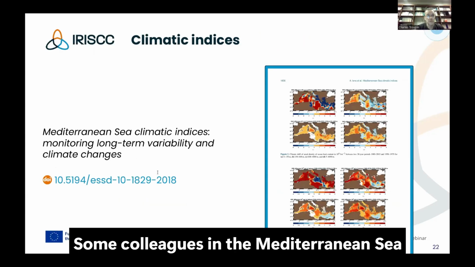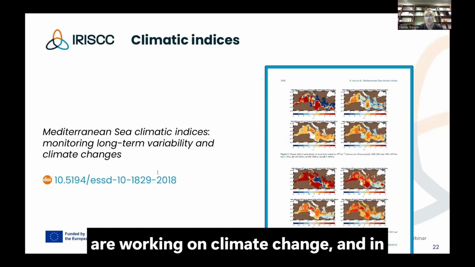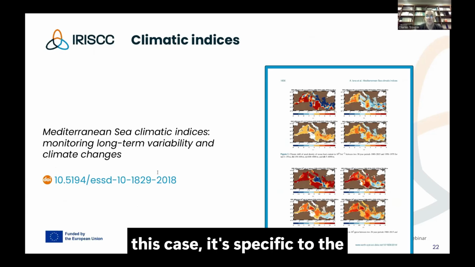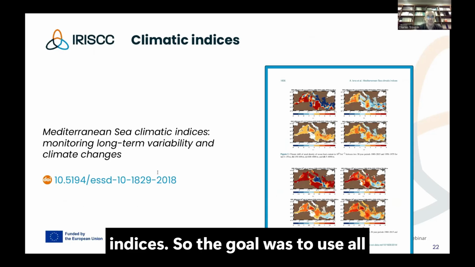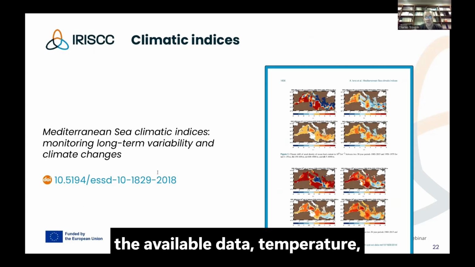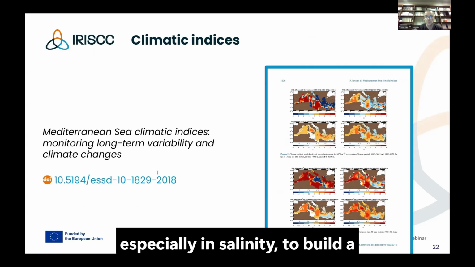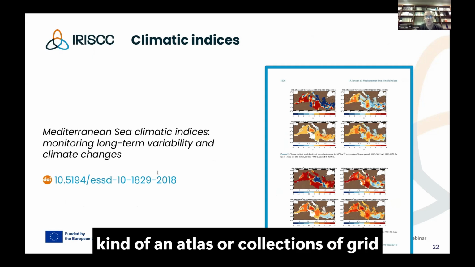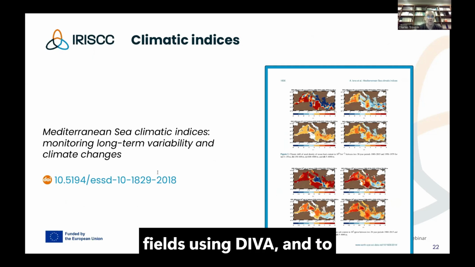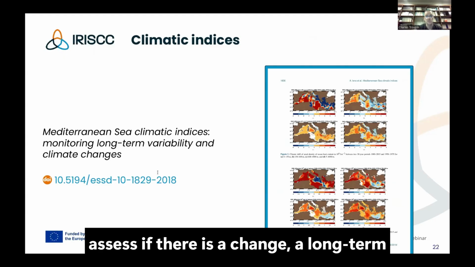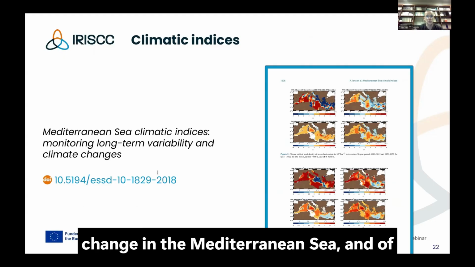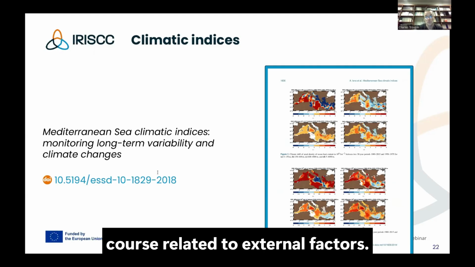Some colleagues in the Mediterranean Sea are working on climate change, and in this case, it's specific to the Mediterranean Sea climatic indices. So the goal was to use all the available data, temperature especially, and salinity, to build kind of an atlas or collection of grid fields using DIVA, and to assess if there is a long-term change in the Mediterranean Sea, and of course related to external factors.